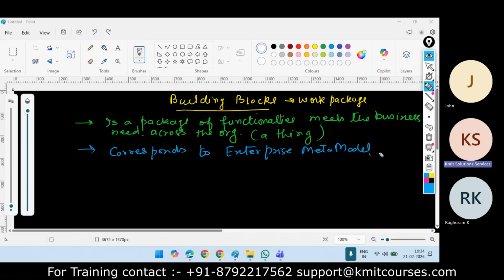Meta model means actor, business services, application, data entities, etc. Third, it has various levels of detail depending upon the objective of the enterprise architecture and the development stage. So it provides the details for the enterprise architecture or the enterprise architecture development stage.